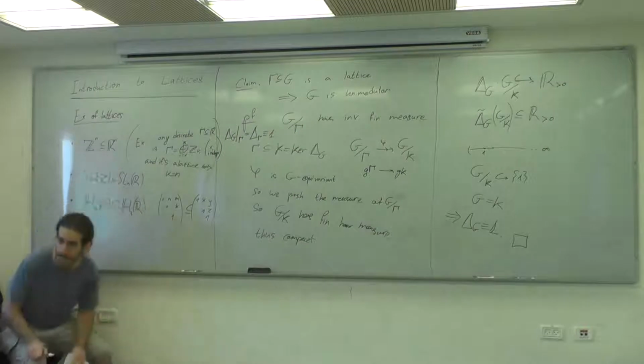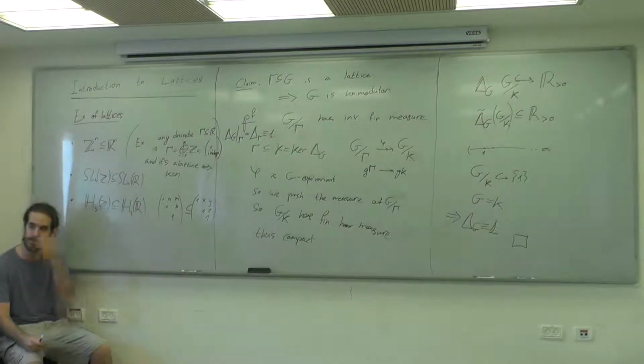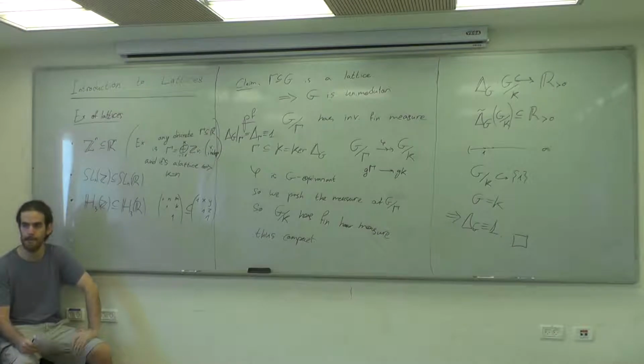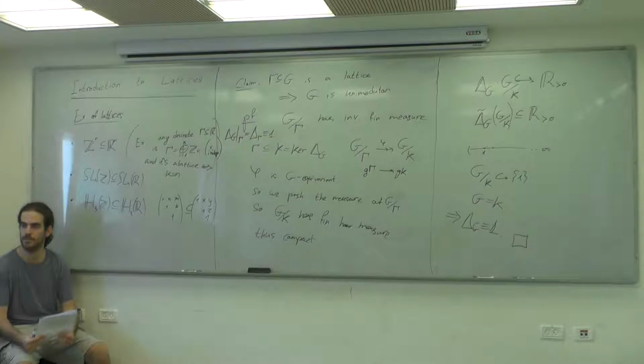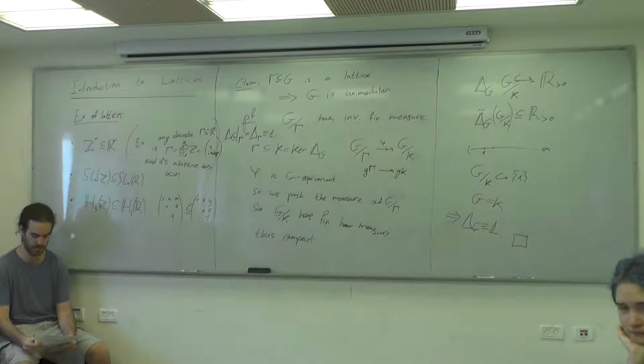Take a group with a finite Haar measure. The measure is a Radon measure, so it's regular, and we can find in G a subset K which has more than half the measure. So for each little g, gK has more than half the measure too, so it must intersect K. Writing down this formula, I can find k1 and k2 such that g times k1 equals k2.